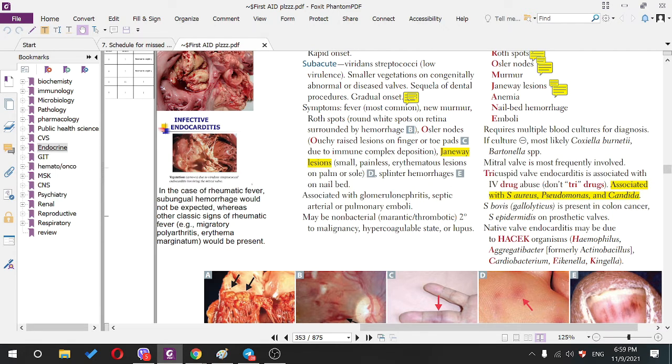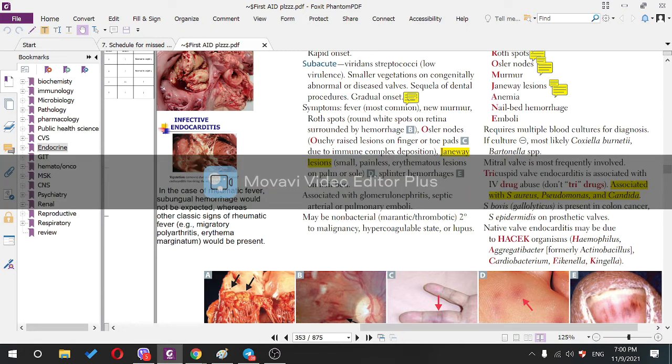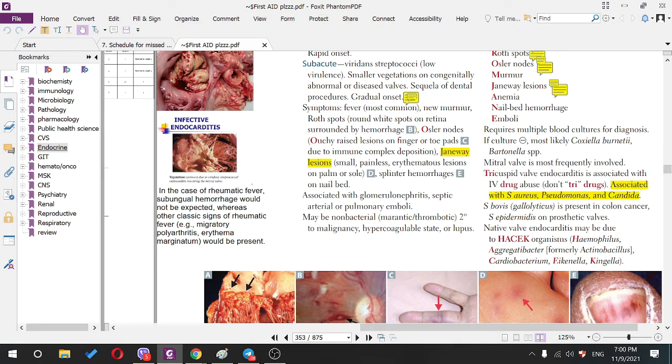Remember that the people who do drugs, the most common organism that they will get, yes, Staph aureus is one, because they use this needle 20 times and it gets infected. And Pseudomonas, because yeah, it likes that humid environment, and Candida. Actually, this is interesting because to get Candida endocarditis is super rare. So to have it in such a condition is just amazing.